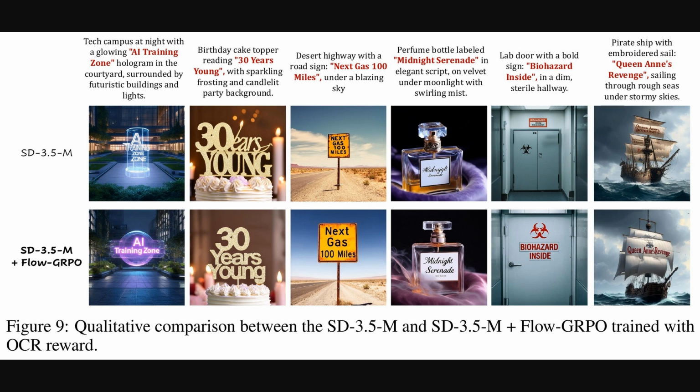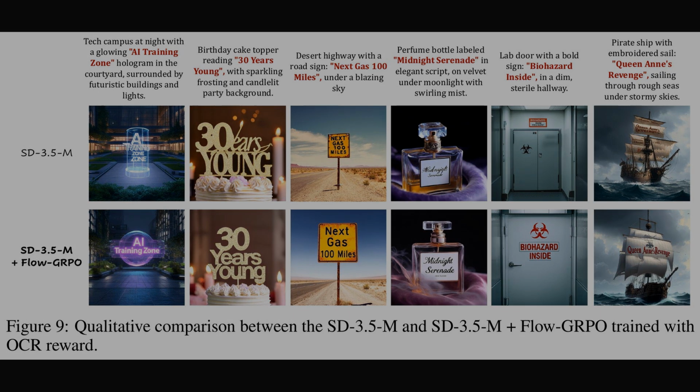You can see the difference quite dramatically. The top row is standard SD 3.5M, and the bottom is with Flow-GRPO. Across all these examples, like AI Training Zone or Queen Anne's Revenge on the Sale, the text is just far more legible and well-formed with our Flow-GRPO method.